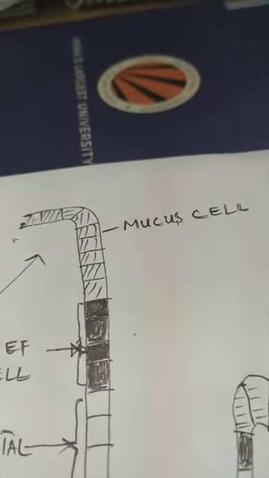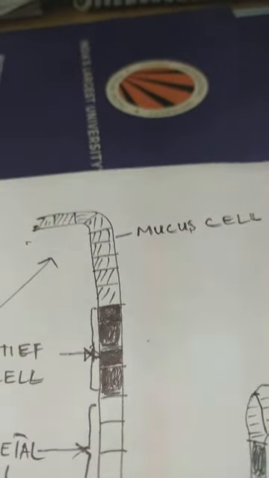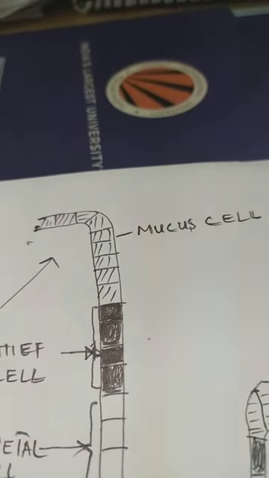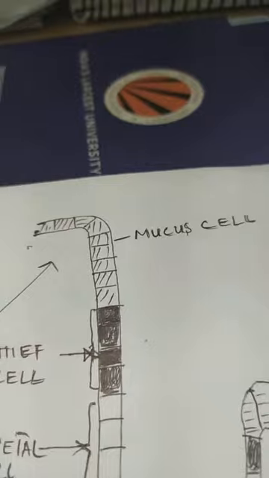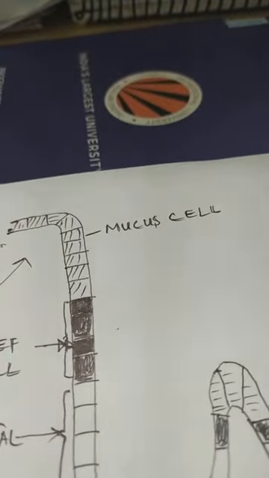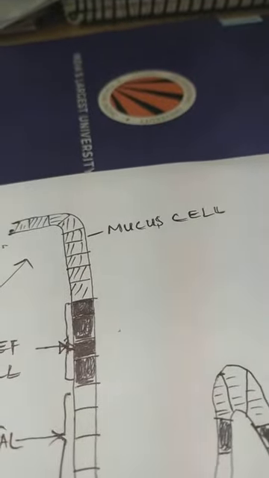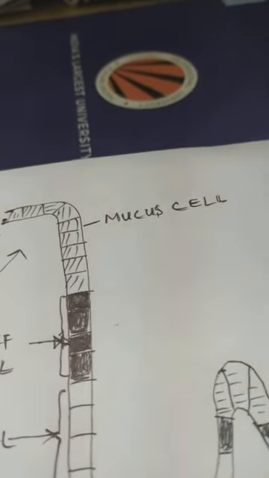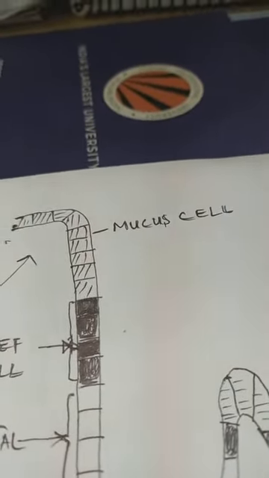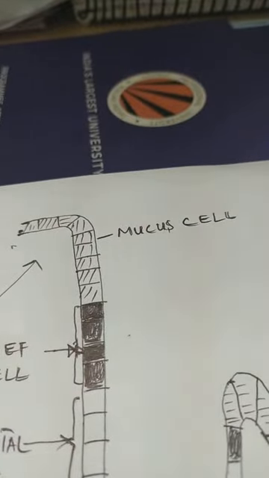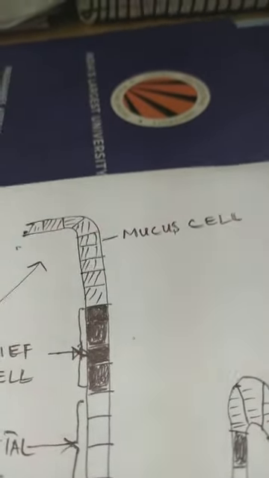As the name suggests, they play an important role in the secretion of a fluid-like substance known as mucus. Mucus helps in the lubrication of our food inside our stomach.